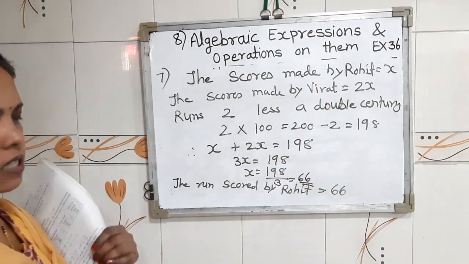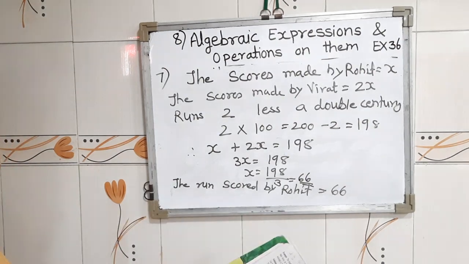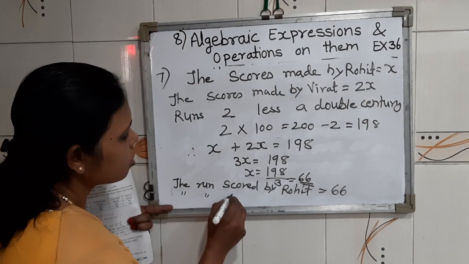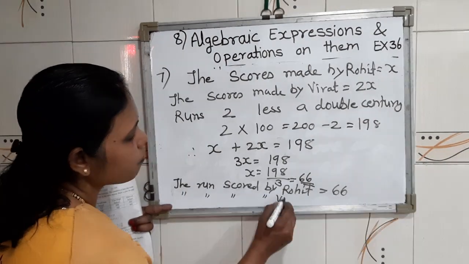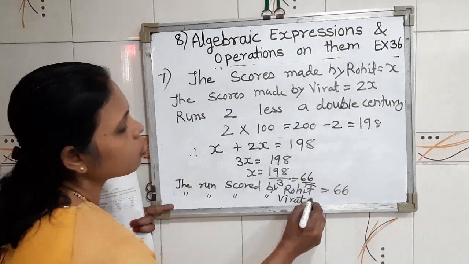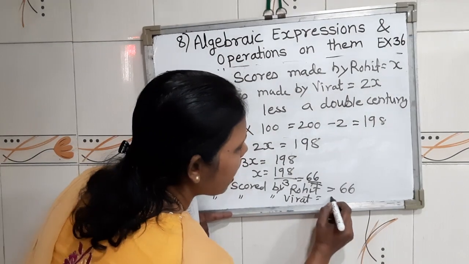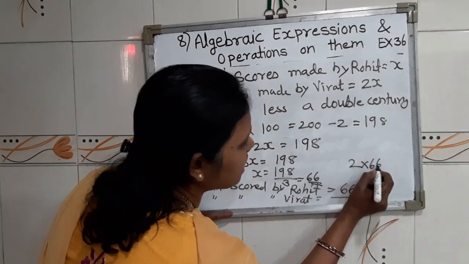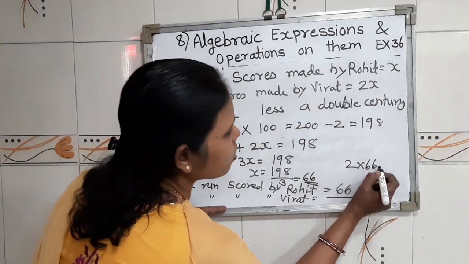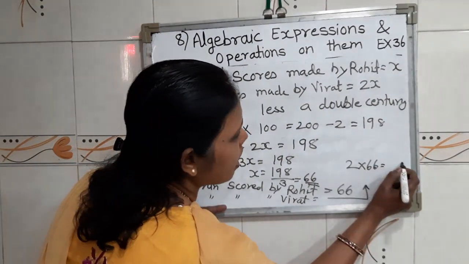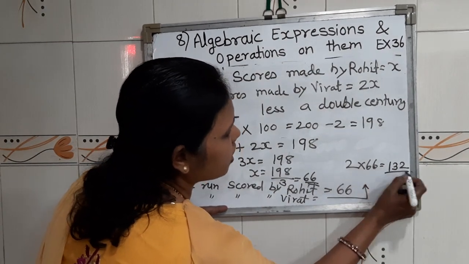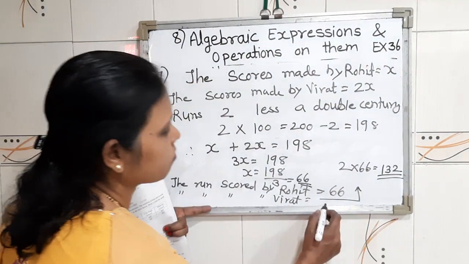The runs scored by Virat equal to 2 into 66, that is 2x. 2 6 ja 12, 132.